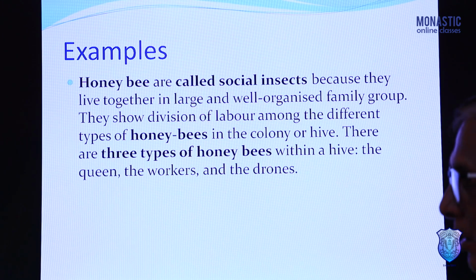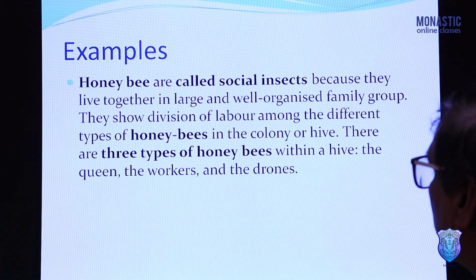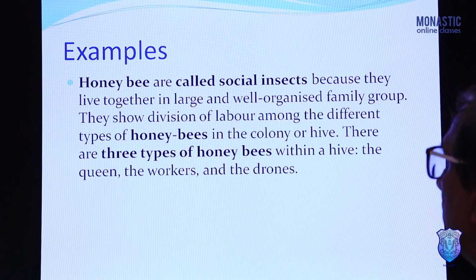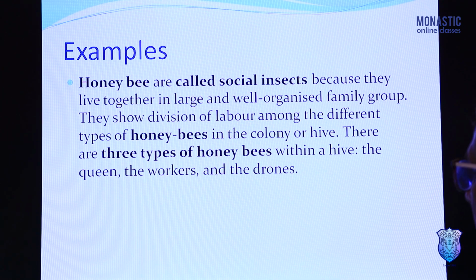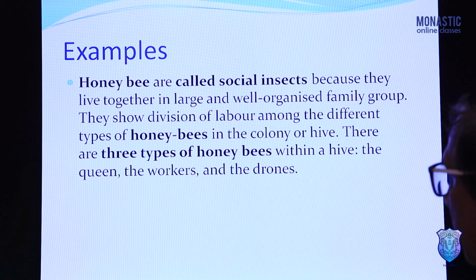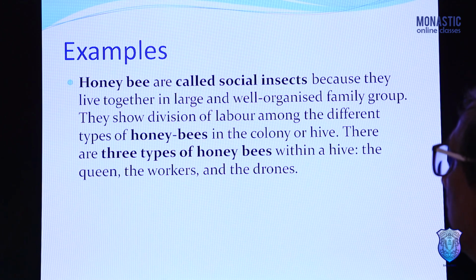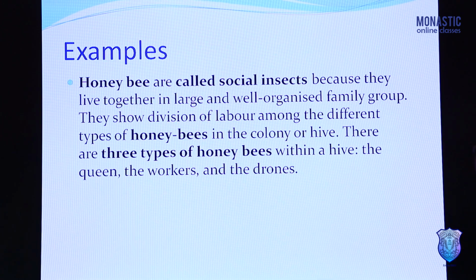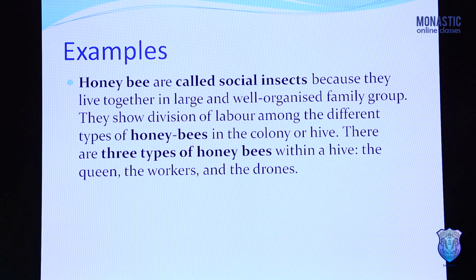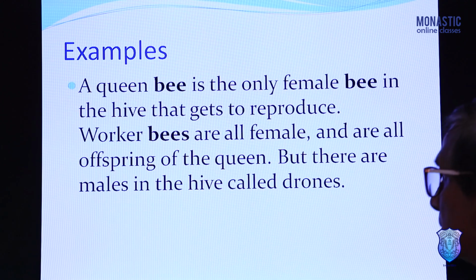Drones are the males, one of which takes part in copulation with the queen. Workers are the female progeny of the queen, which work for the entire hive or group. So 3 types of division of labor are found in honey bees.